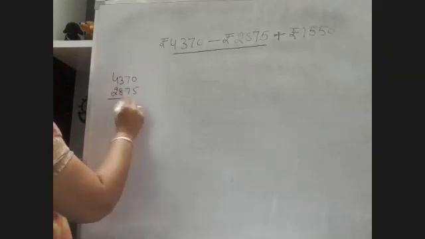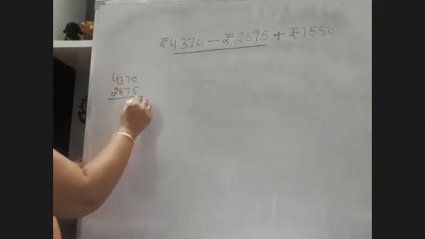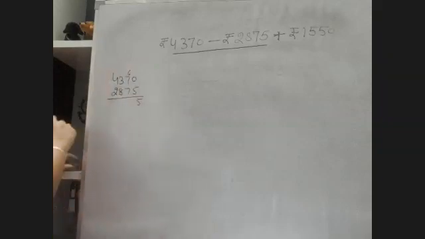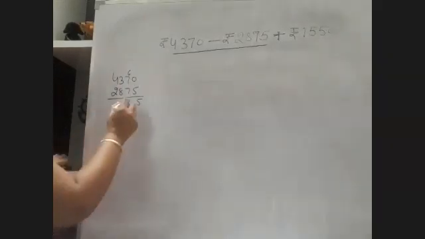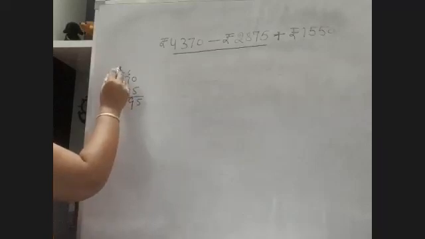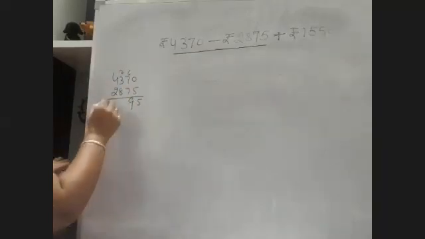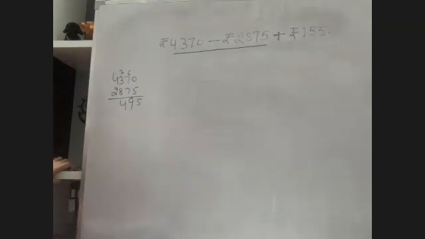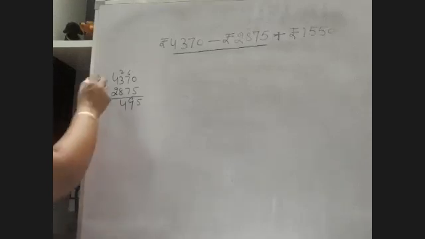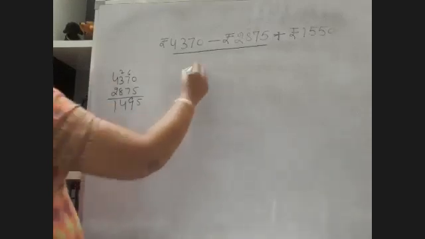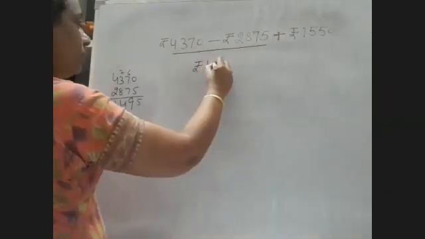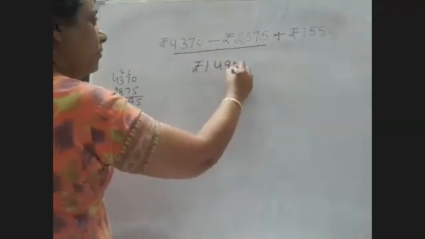Now in the side, 4,370 minus 2,875. Now 10 minus 5 is 5. Here we have 6. 16 minus 7 is 9. Here we have 2. 12 minus 8 is 4. And 3 minus 2 is 1. Here we have rupees 1,495.